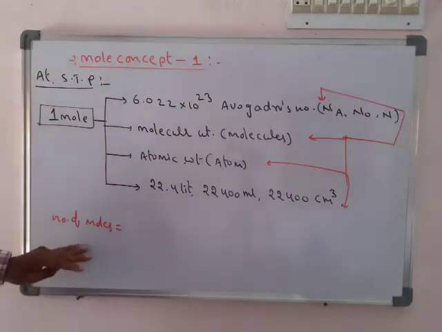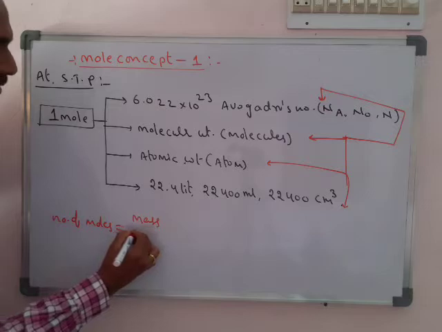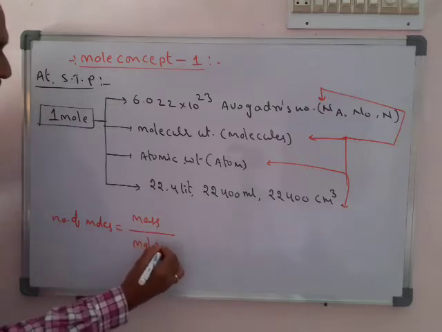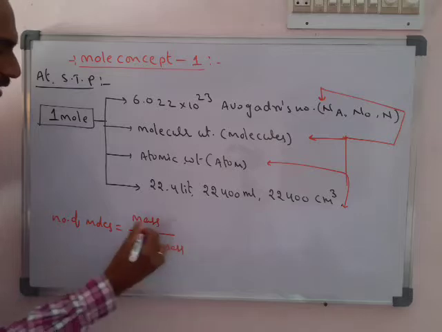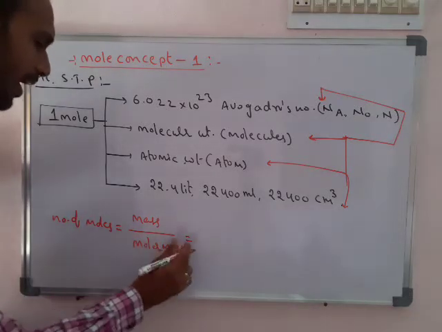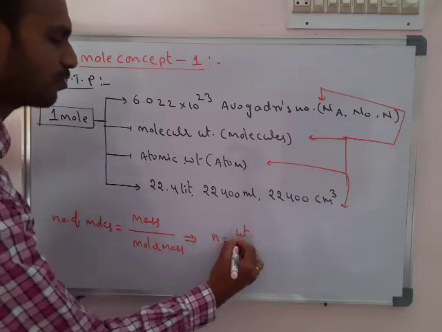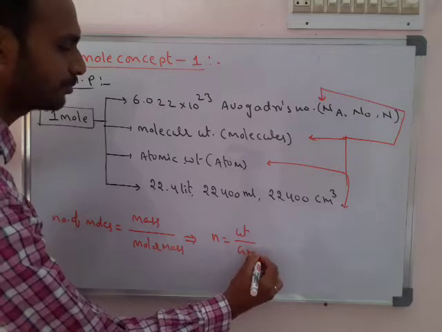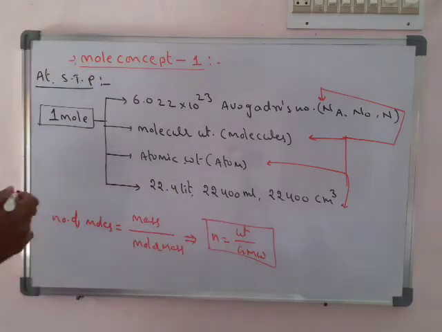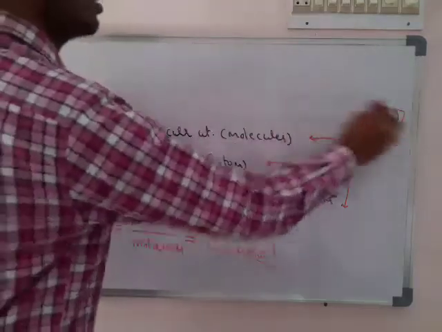To calculate the number of moles, it is given mass by molar mass. Molar mass is nothing but molecular weight. So in general we use it as: number of moles equals weight by gram molecular weight. Okay, next we see some other relations.